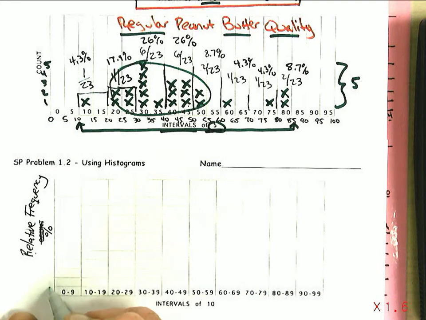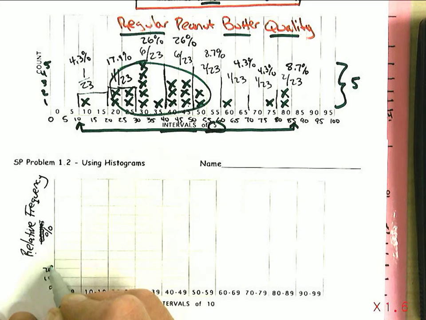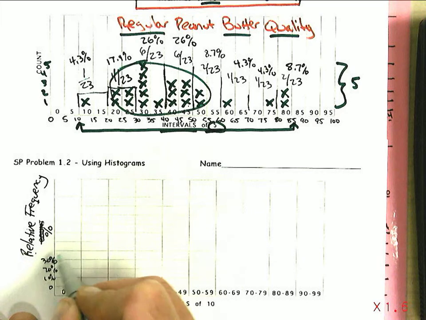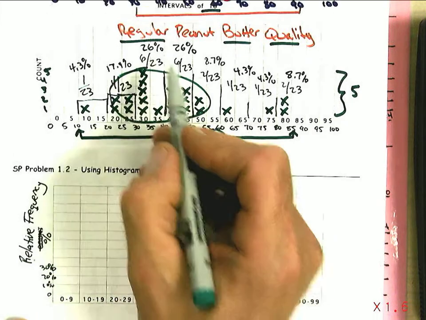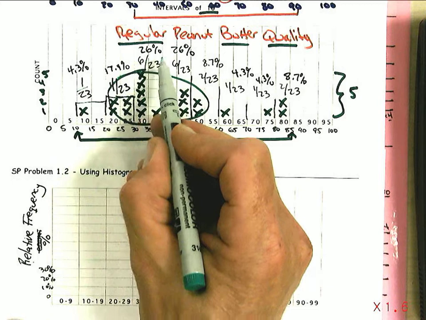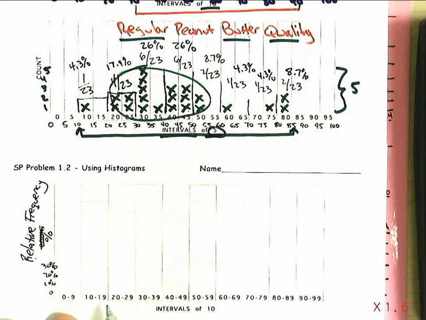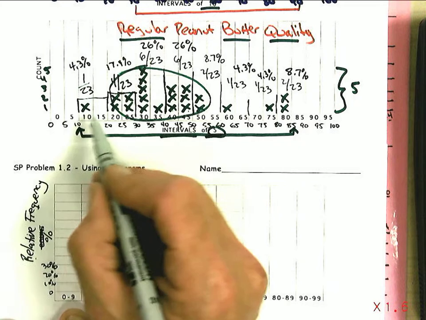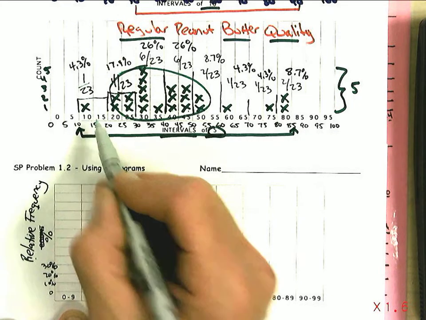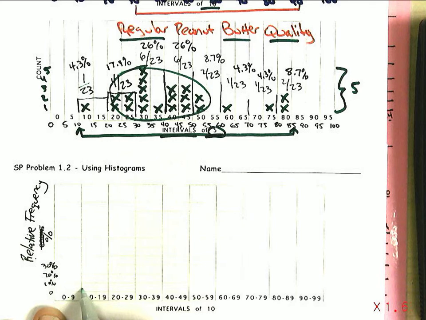And so 0, 10%, 20%, 30%. And I already noted that on my chart the highest percent is 26, so that's really as far as I need to go with percents. So in the 10 to 20 interval, it looks like I have 4.3%, less than 5%, so it's a fairly low percentage in this interval, so less than half.